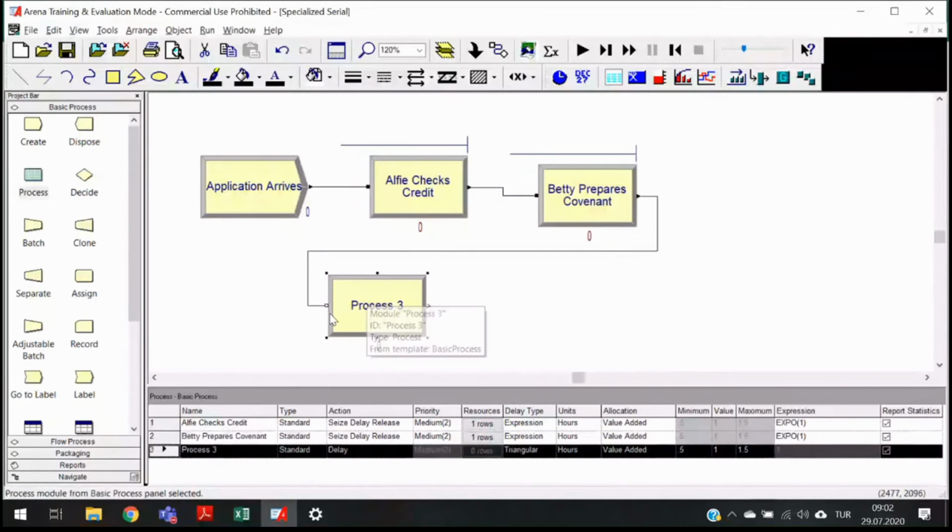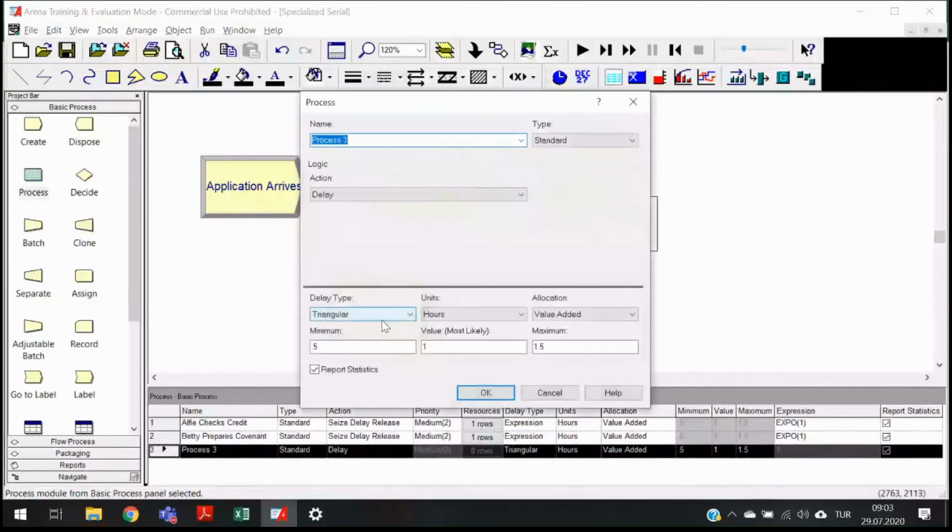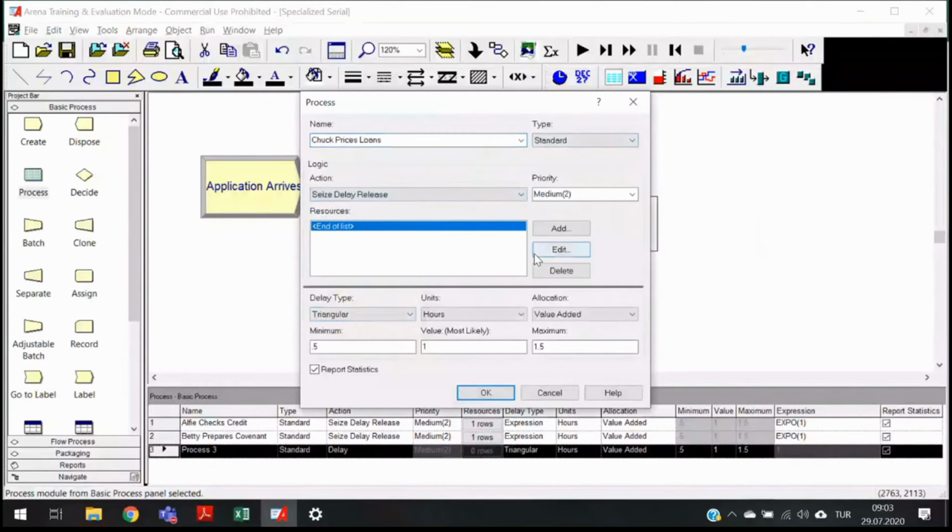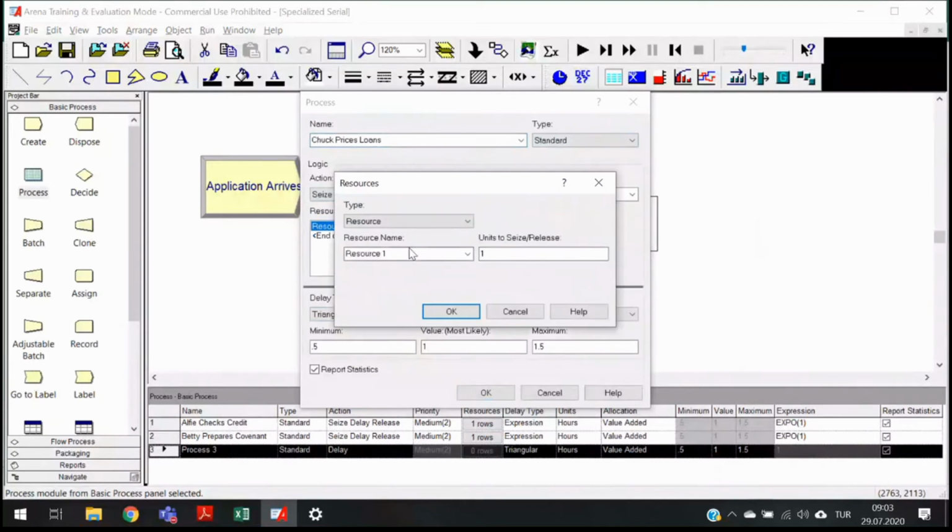Now let's move to the next process. You can see it is automatically going to connect the process to the last selected process. And in the third process, we have Chuck pricing loans. Then we have a seize, delay, release action here, and we add the name of the resource here, Chuck.